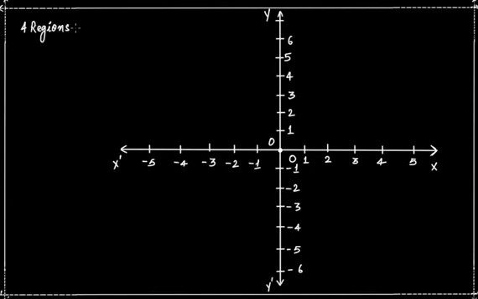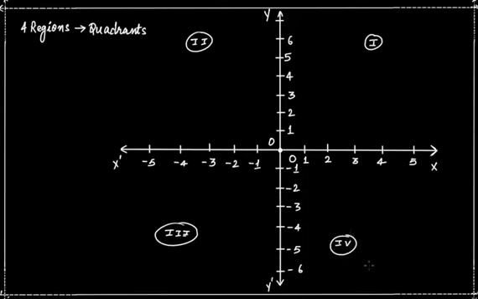The four regions are called quadrants. This region is quadrant 1, this region is quadrant 2, this region is quadrant 3, and this region is quadrant 4.